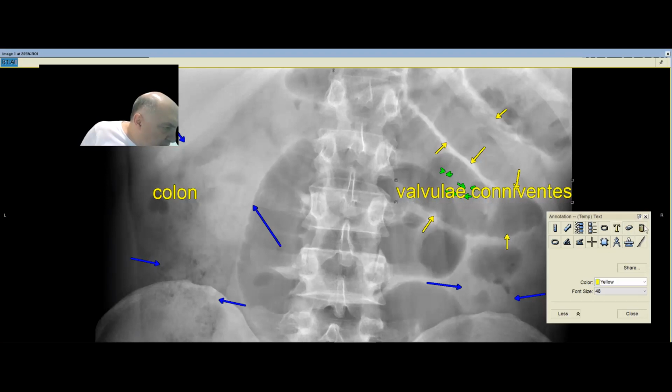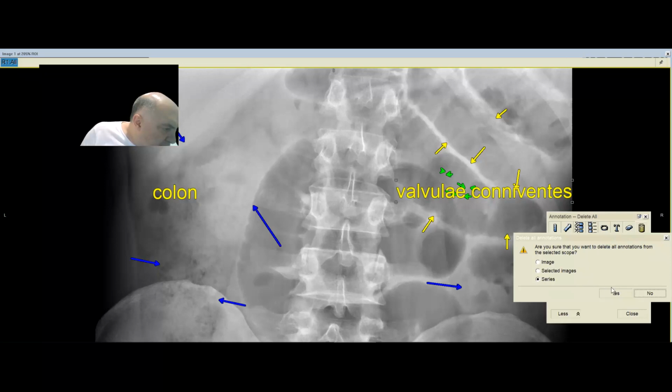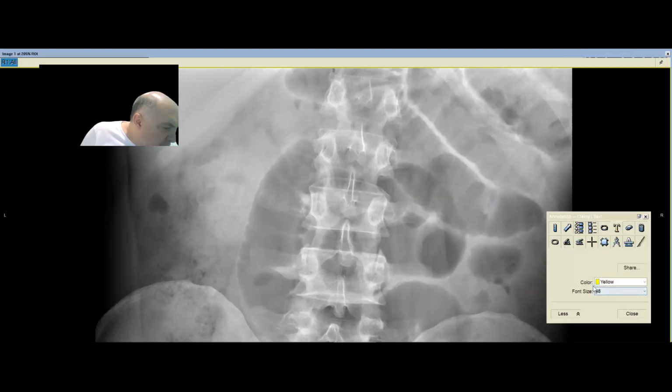And this is what makes this small bowel.